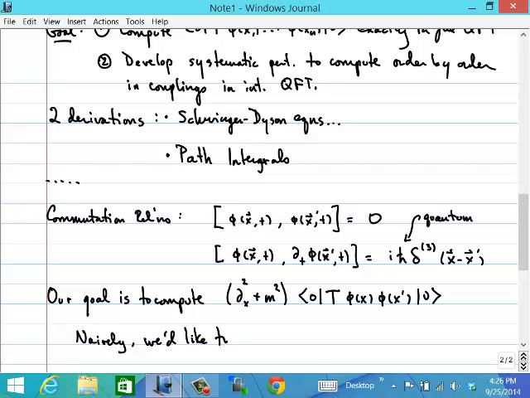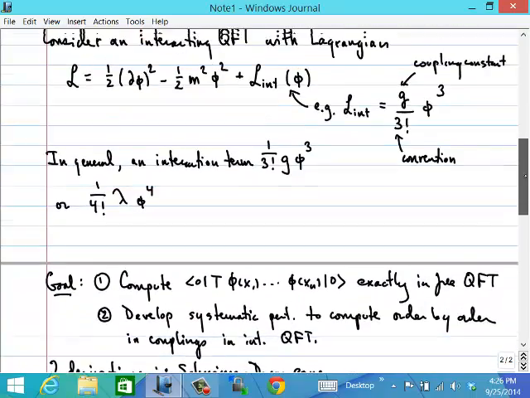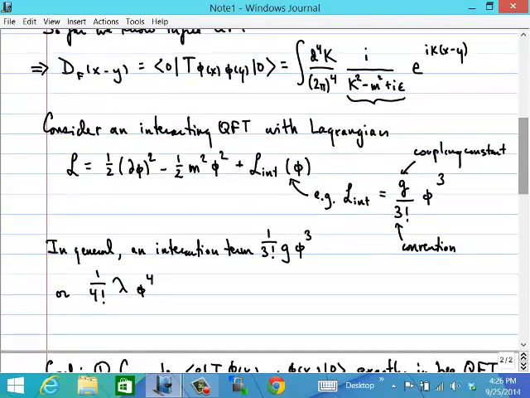Okay. So naively, what we'd like to do is use the equation of motion. So the equation of motion for this interacting quantum field theory says that the Klein-Gordon operator acting on phi, well, in a free field theory, it would be 0. But we're working in an interacting field theory. So here's the Lagrangian.